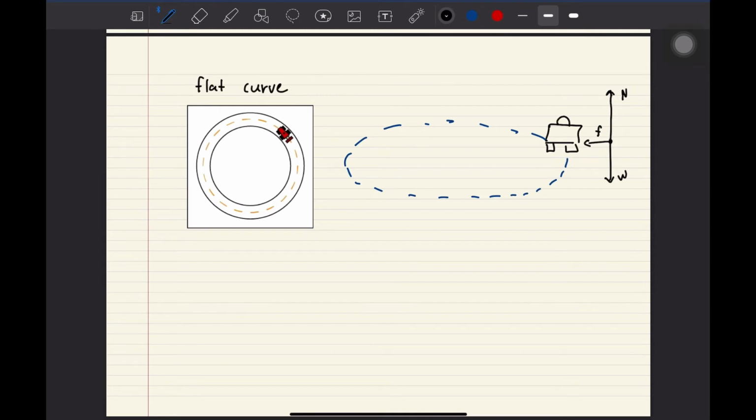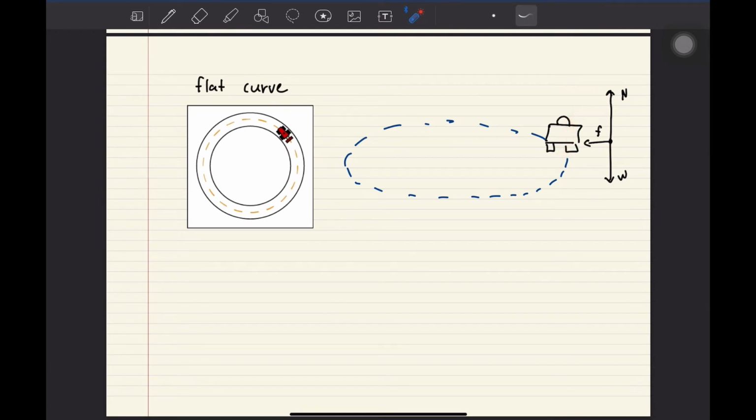Without any friction, let's say the surface of the road is very slippery, then I don't have any friction, or I have less friction, so my car will not be able to do the circular motion, and it will start to move in a straight line.